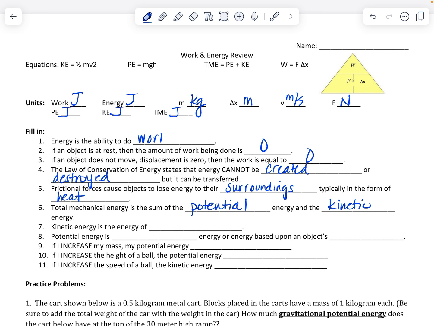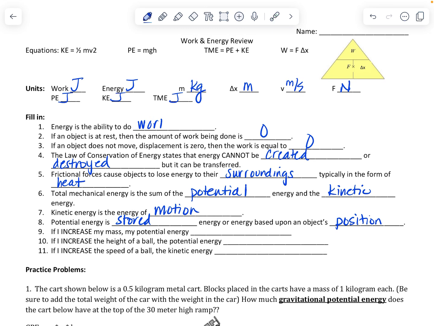Kinetic energy is the energy of motion. The object has to be moving for it to have kinetic energy. Potential energy is stored energy, so not moving, and it's based upon an object's position, usually how high it is above something. If you look at your formulas up here, potential energy is mass times gravity times height.